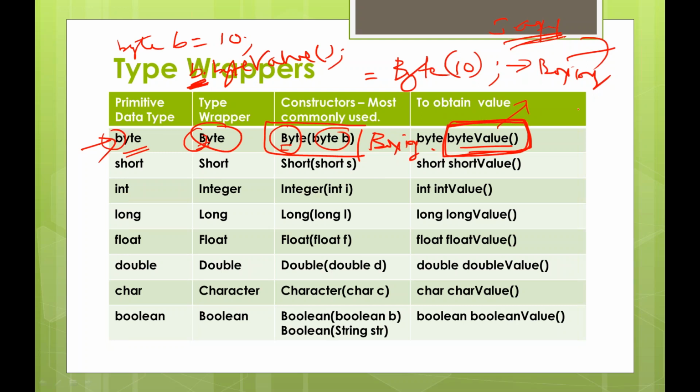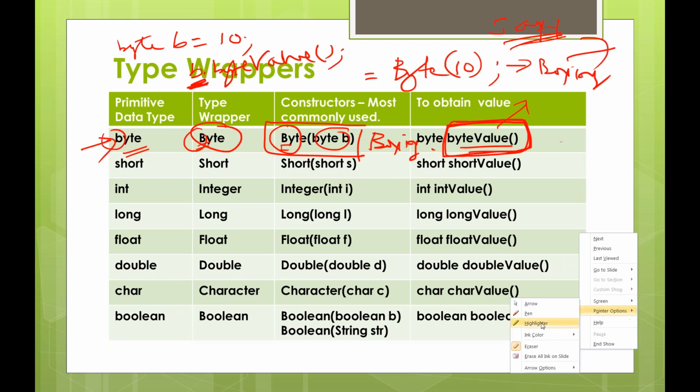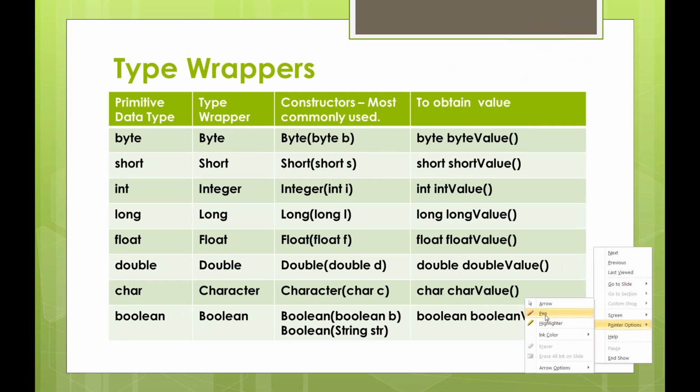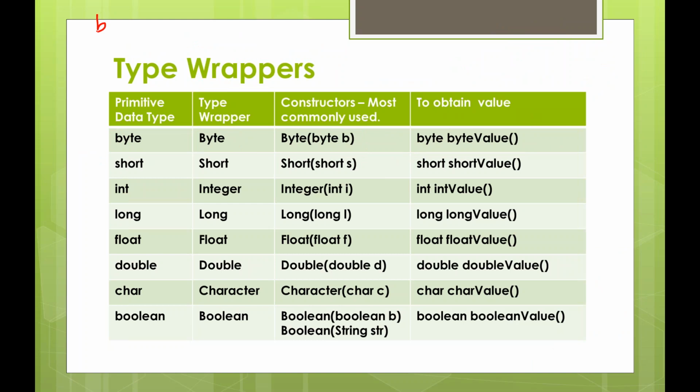Say for example, we have it like this, and then you create an object. You can pass 10 directly also.